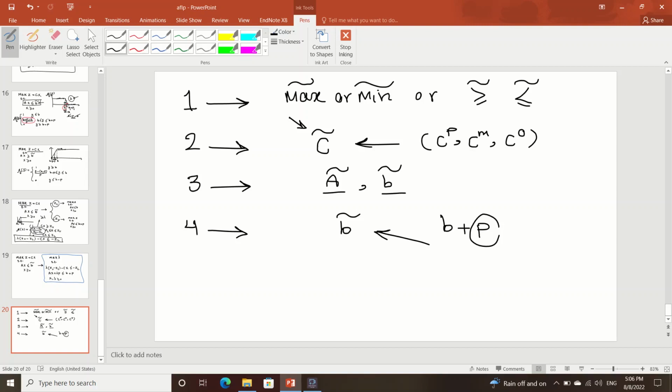And in the third state, the lambda is not considered.